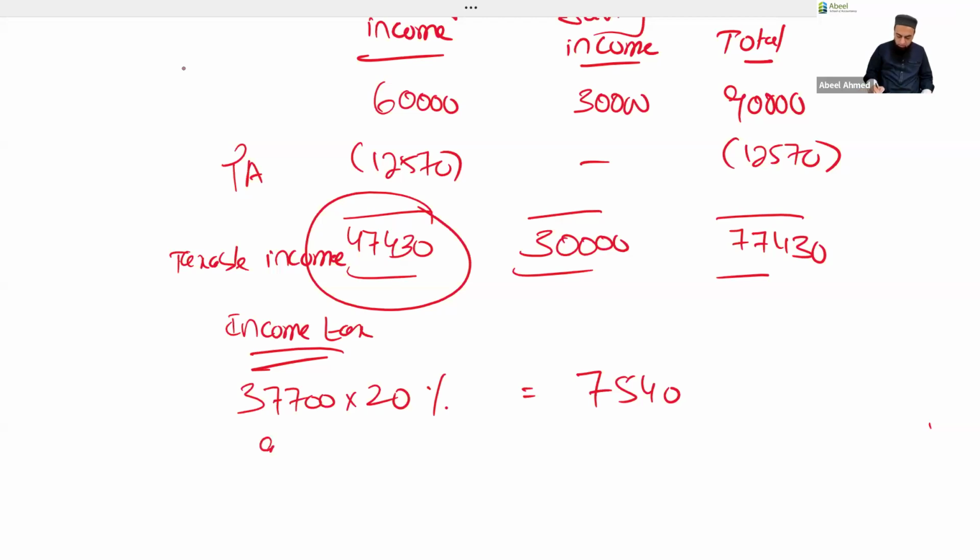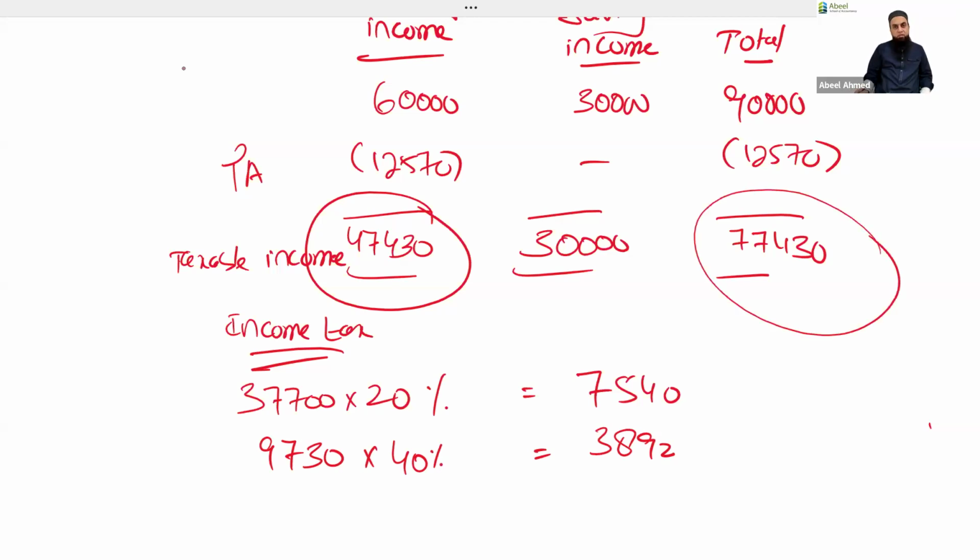The remaining amount is 9,730 from the non-saving income, and applicable rate is 40% because basic rate band is fully utilized. Now we are in higher rate band. 3,892.